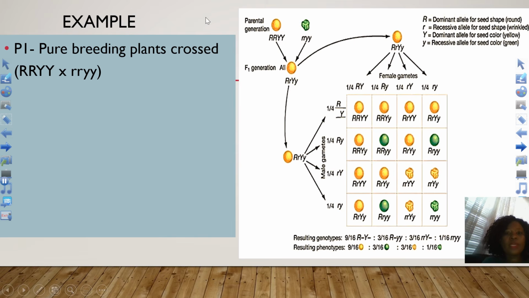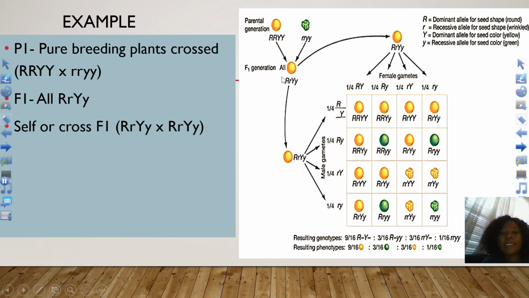In the first generation, or in P1, which is represented over there, he crossed pure breeding plants, one with round and yellow seeds and the other one with wrinkled and green seeds, as you can see in the picture. Then in the F1 generation, all the offspring that were produced had the genotype capital R, small r, capital Y, small y, which means that they were all round and yellow.